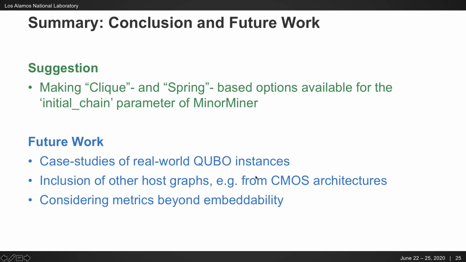We would like to include other host graphs, for example, from CMOS annealing architectures. They have their own proprietary software, which is not open source, at least not at the moment. And we would also like to consider metrics beyond embeddability, like the distribution of chain lengths and time-to-solution metrics.